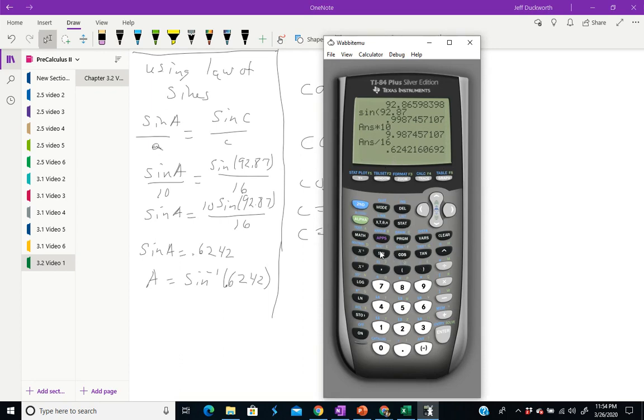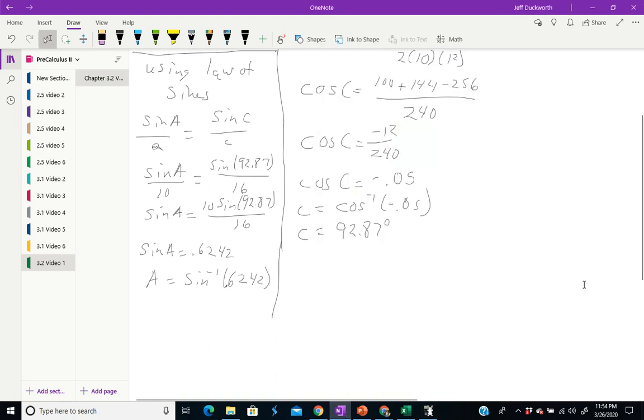So second sine to give me inverse sine of the answer, which is second and dash. And if you've got a different calculator, then do how you need to do it. So the angle we have rounded to 2 decimal places is 38.62. So this angle is 38.62.